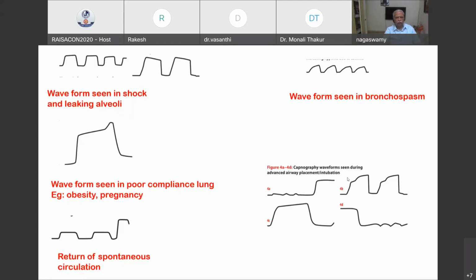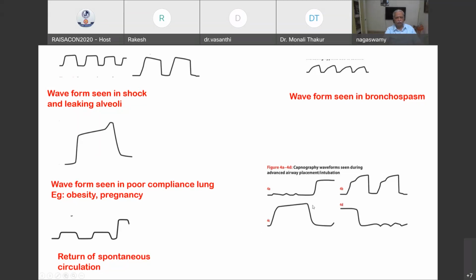In this one, the waveform starts only here. Before that, there is nothing. So what has happened here? Initially, the tube has not entered. Once the tube enters, you start getting the waveform. But here the waveform is there, but the normal angulation is not there.